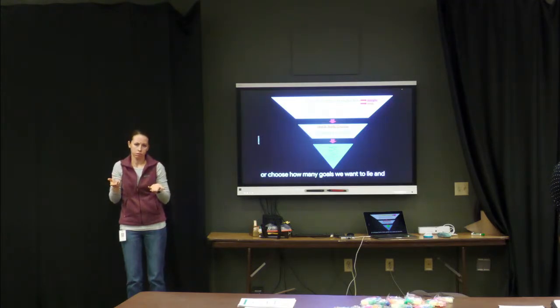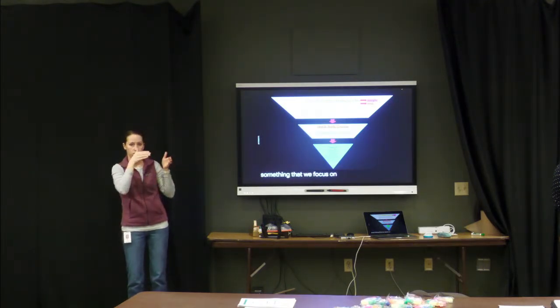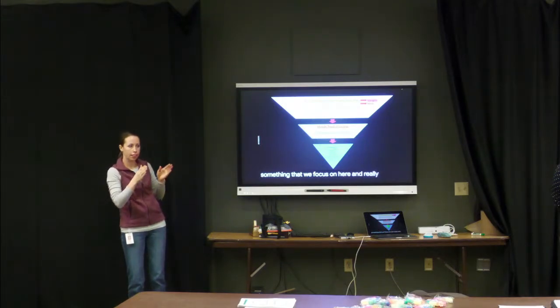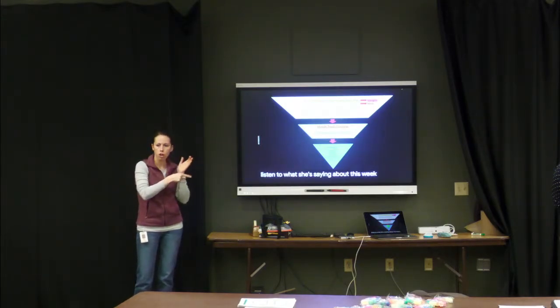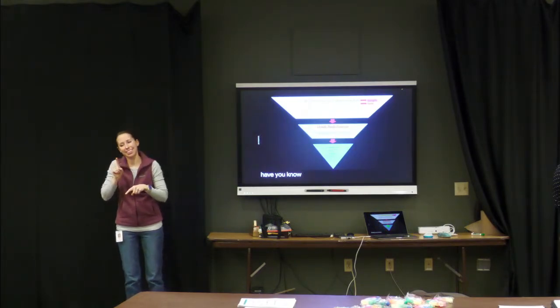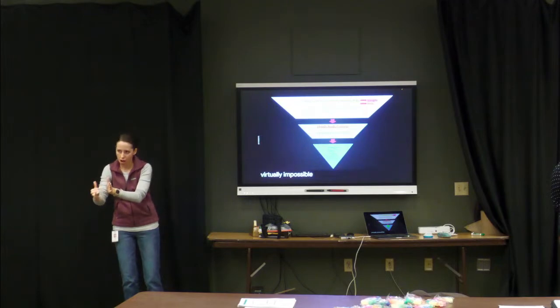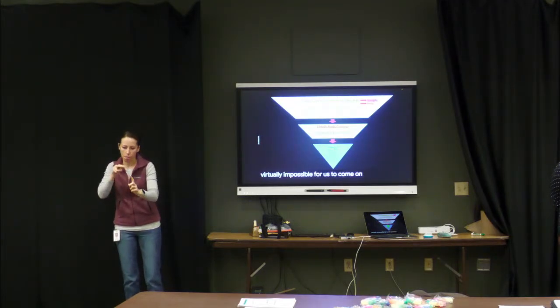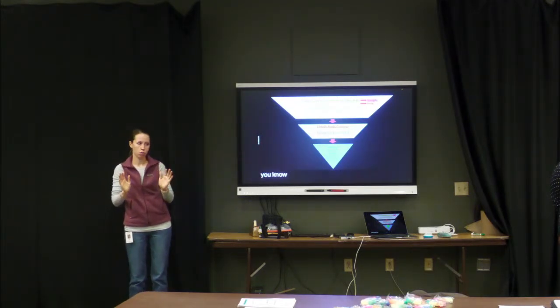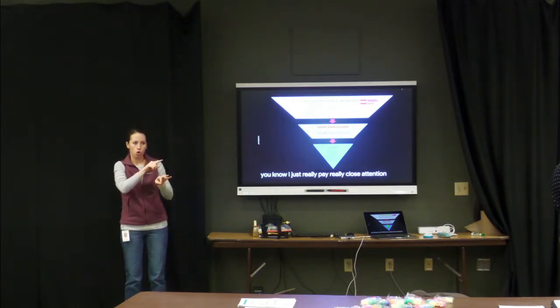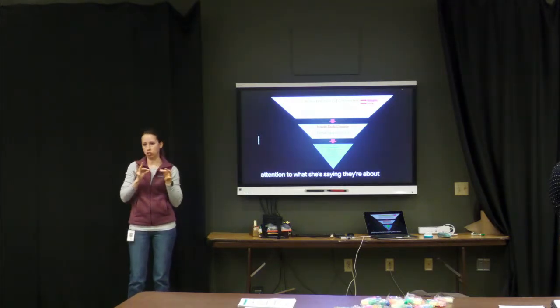I think that needs to be something that we focus on here and really listen to what she's saying, because we can't have 10 or 15 goals for a kid. That's virtually impossible for us to monitor. So I just really pay close attention to what she's saying there about prioritizing that need.